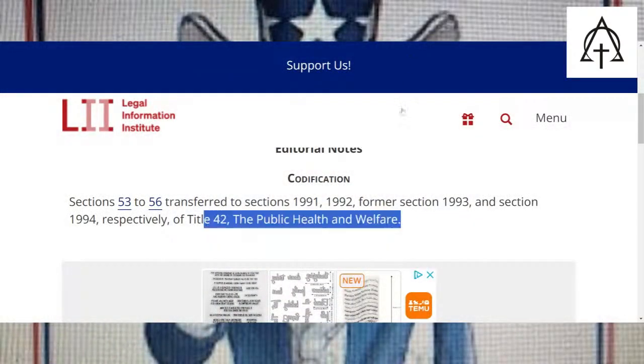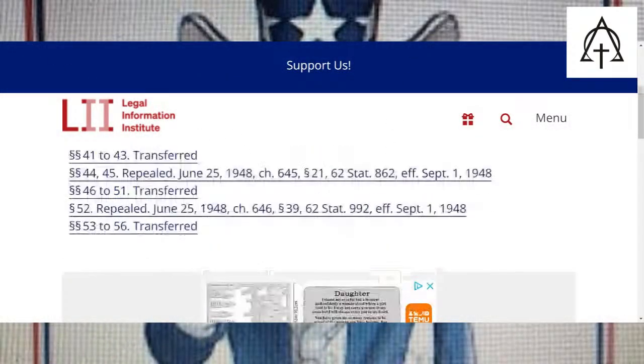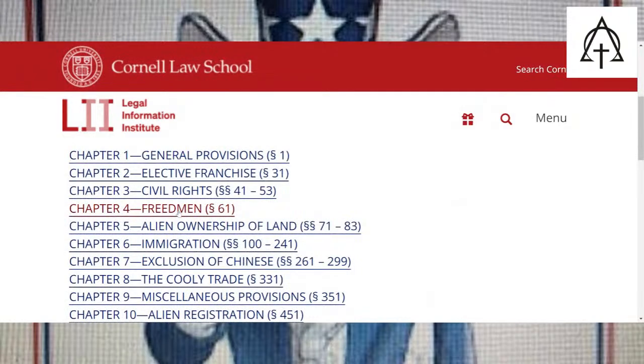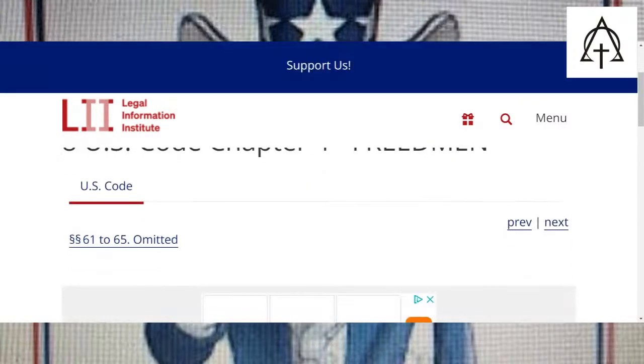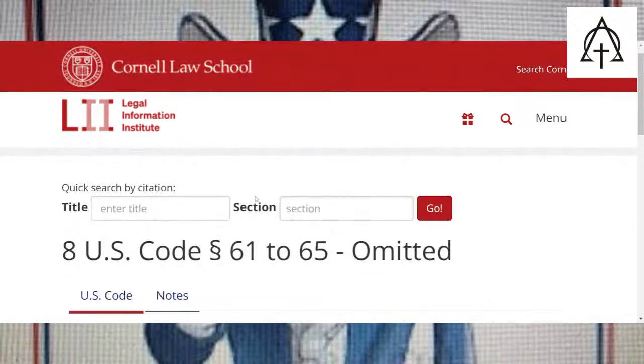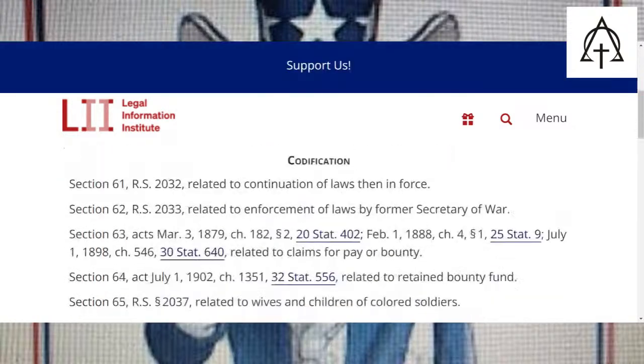So let's take a look at the next one. Freedmen. Oops, omitted. Related to continuation of laws then in force.